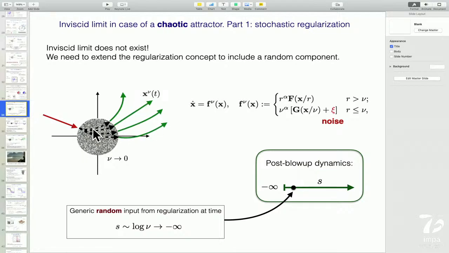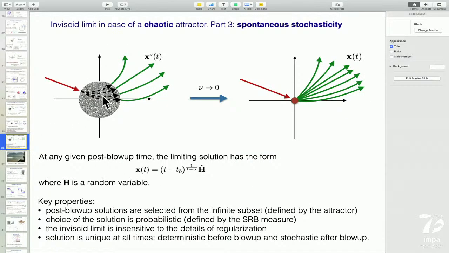But whenever you take the limit of viscosity going to 0, this region, which depends on the physics of your model, collapses to a point, and it means that you impose some probabilities on the solutions which exit. And as we saw, this probability distribution does not depend on how you regularize. It is defined by the attractor.